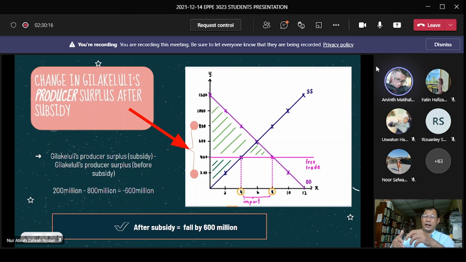For the chapter on quota, or on the topic of subsidy, this one should ask what happened after the subsidy. Yeah, producer subsidy. So, could you explain what is the change in Gila Kaluli's producer surplus after the export subsidy? Thank you. And is this export subsidy or what? I forgot what I asked. Sorry.